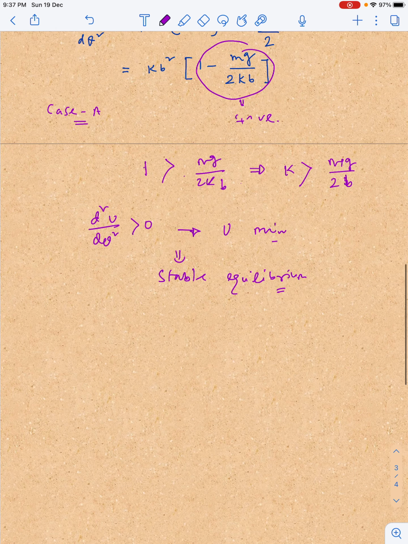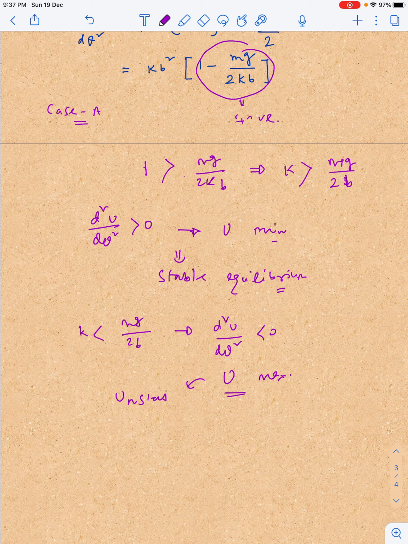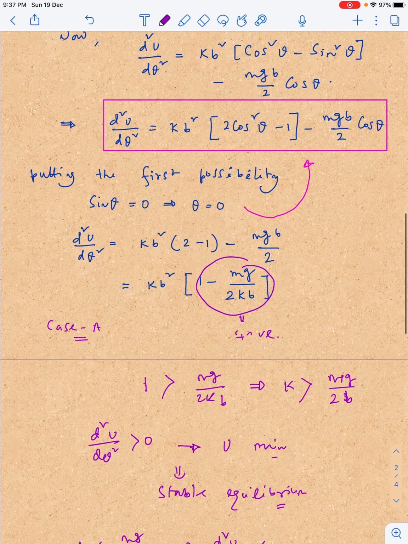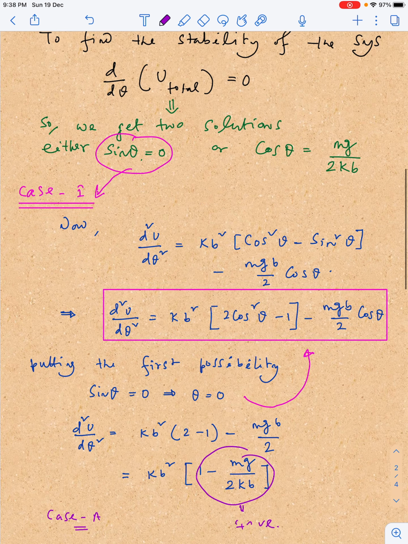And if I go by the other case, if this entire factor has to be negative, then k has to be less than mg by 2b, and in that case d2U d theta 2 will be less than 0. In that case U will achieve a maximum. So when U is achieving a maximum, we are going towards the unstable equilibrium position. So that is one of the cases that I have discussed.